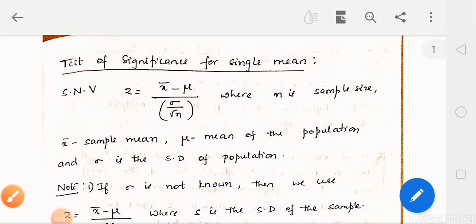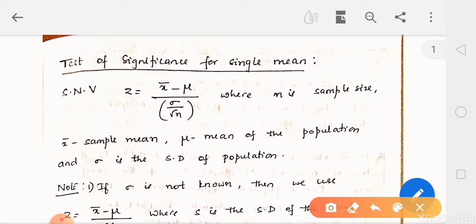Hello students, in this video we will learn about test of significance for single mean. Whenever the mean of the sample and the mean of the population are given, we can calculate the standard normal variate Z using the formula Z equals (x bar minus mu) divided by sigma by square root of n, where n is the sample size, x bar is the sample mean, mu is the mean of the population, and sigma is the standard deviation of the population.